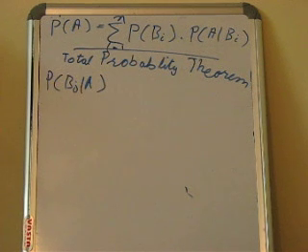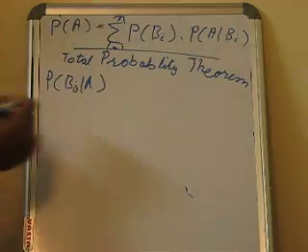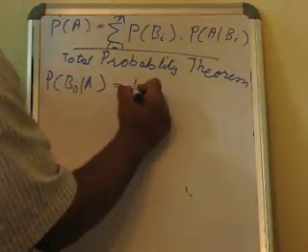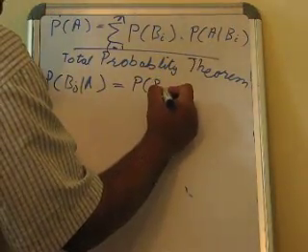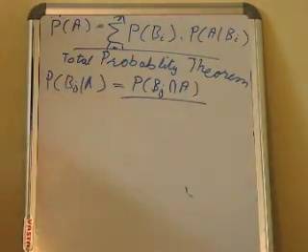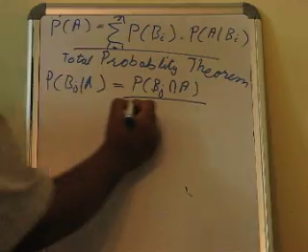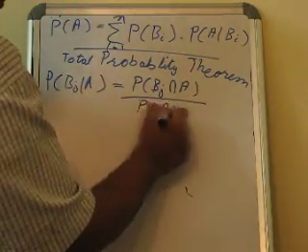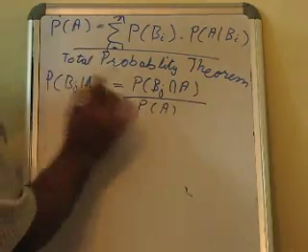From the conditional probability, what we will get is the intersection of Bj and A divided by the probability of A. Now put this into this.